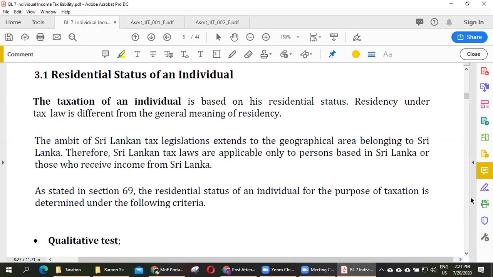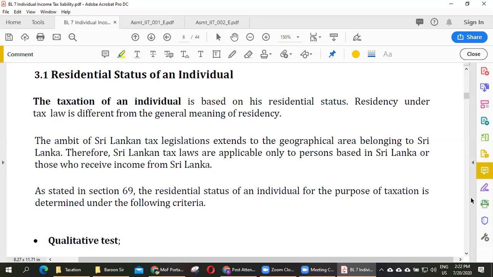Yes, based on the number of days he has stayed. If the number of days stayed in Sri Lanka is more than 183 days, he is considered as a resident person. And if so, he should pay income tax on his income generated from Sri Lanka as well as England, London, right?